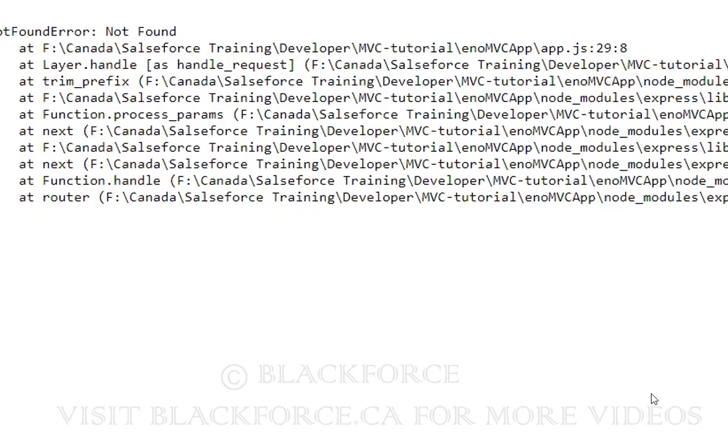So let me just use your screen to explain something to others. If you see this, most times, I think all the time, the error is very descriptive. In HTTP, 404 means not found, and it's telling you the text not found. Then the first line, you see not found error. You see the location of the file, MVC tutorial, MVC app.js line 29.